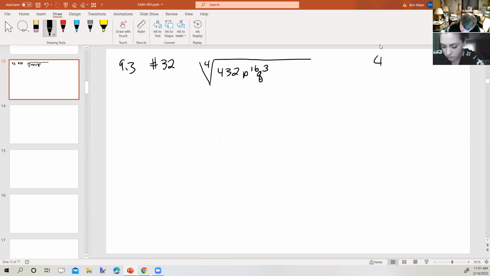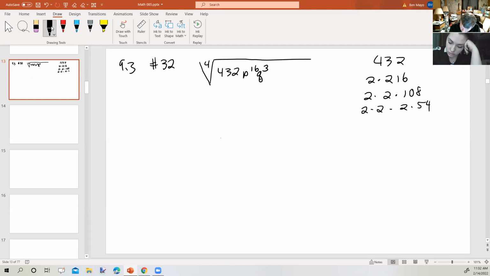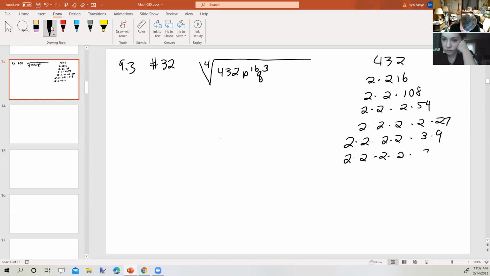If we take 432 and break it down into prime factors, that's 2 times 216, which is 2 times 2 times 108, which is 2 times 2 times 2 times 54, which is 2 times 2 times 2 times 2 times 27, which is 2 times 2 times 2 times 2 times 3 times 9, or 2 times 2 times 2 times 2 times 3 times 3 times 3, which is 2 to the 4th times 3 to the 3rd.